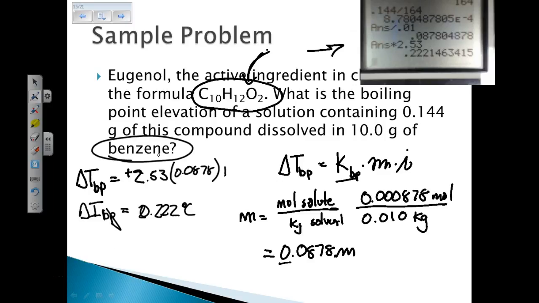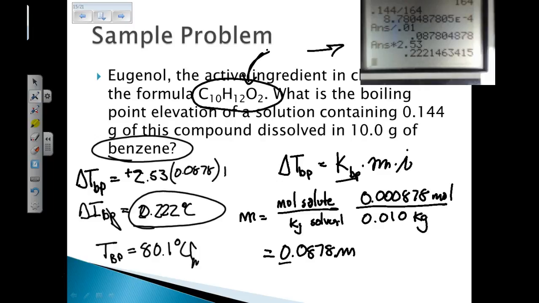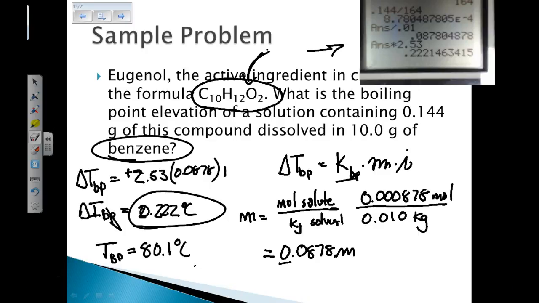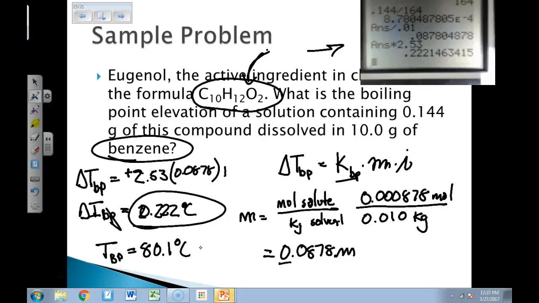Benzene, which is the solvent here, has a normal boiling point of somewhere around 80.1 degrees. So the TBP of benzene equals 80.1 degrees Celsius. The new boiling point, and this is what I want to make sure that you understand, this calculates the change in the boiling point. So the new boiling point is higher, by 0.22 degrees.